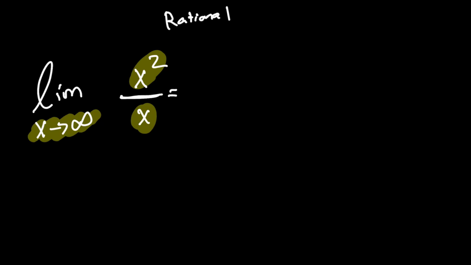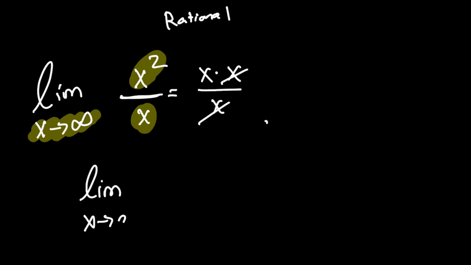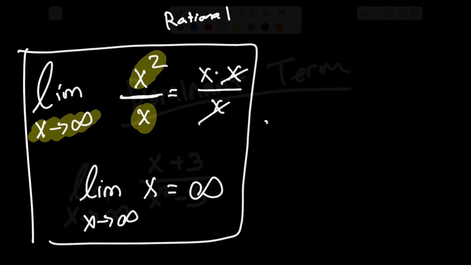Well, in this case, we have 2 x's on the top and 1 x on the bottom, so we can cancel out 1, and it's essentially like what's happening as the limit as x goes to infinity of x. Well, this is just going to keep going to infinity, so our answer is infinity.